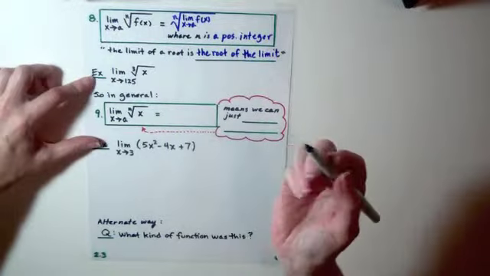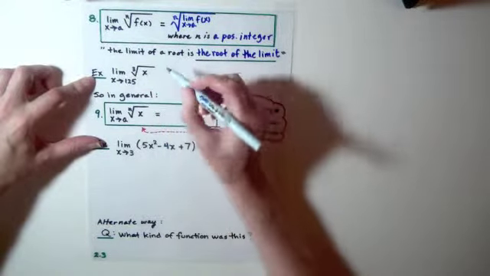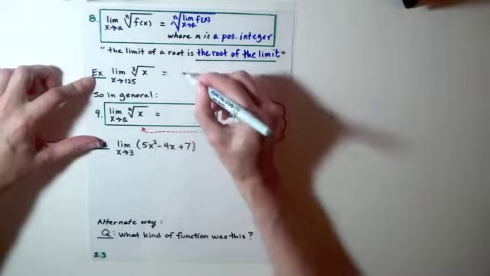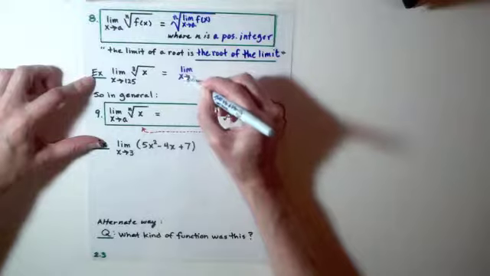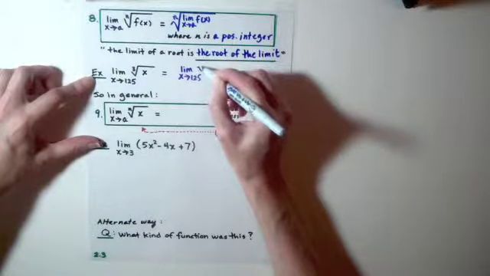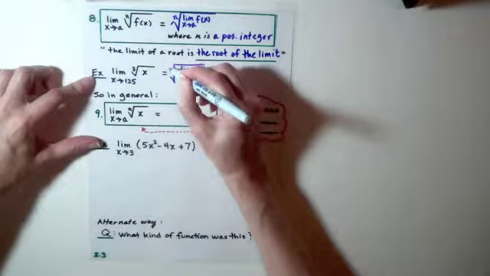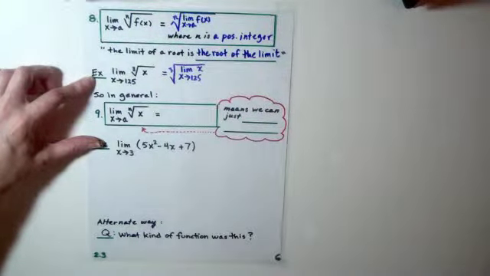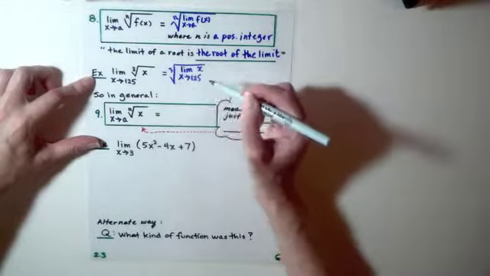Well, according to my root law, the limit of the cube root of x should be exactly the same as if I find the limit of what's under the root. So I'll find the limit as x approaches 125 of x, and then I will take the cube root of the answer. Well, the question becomes, can we find this inner limit, and does it exist?